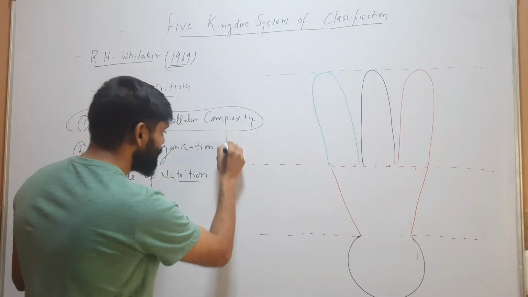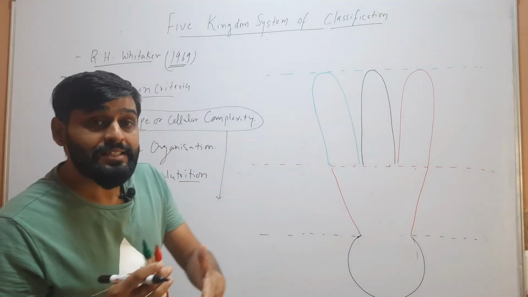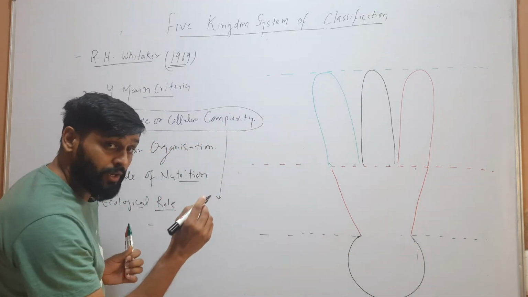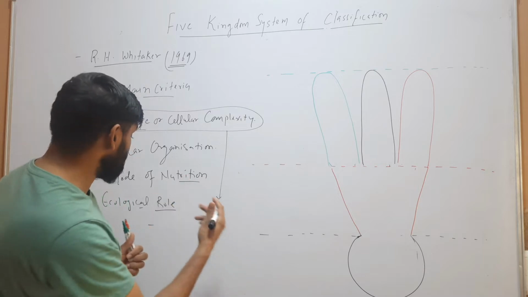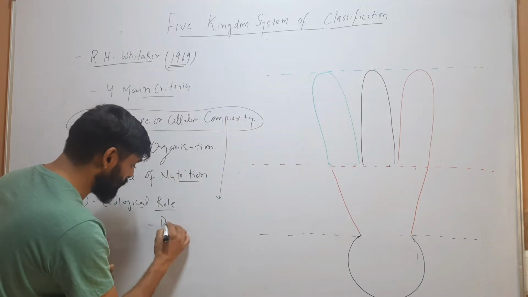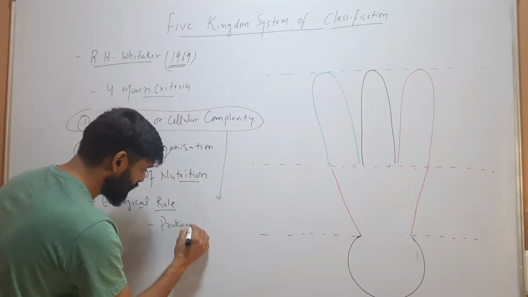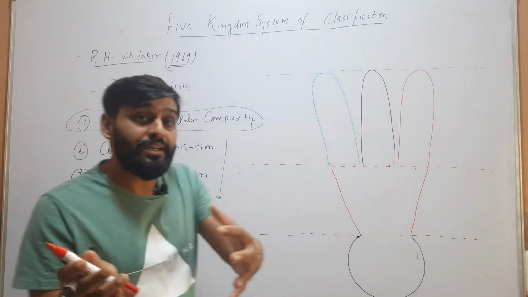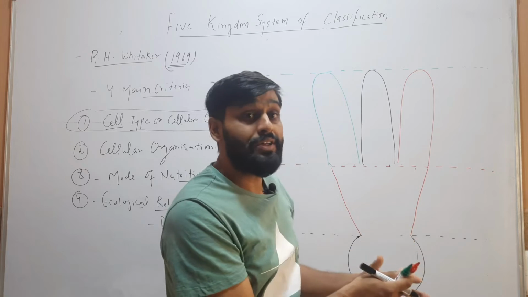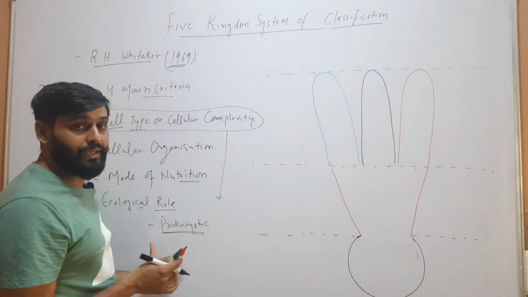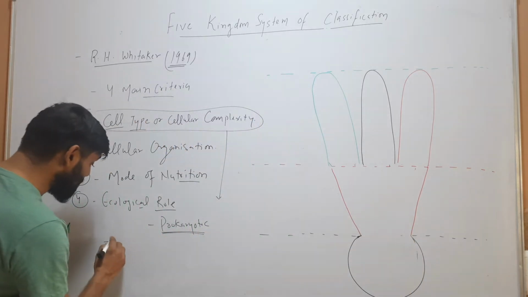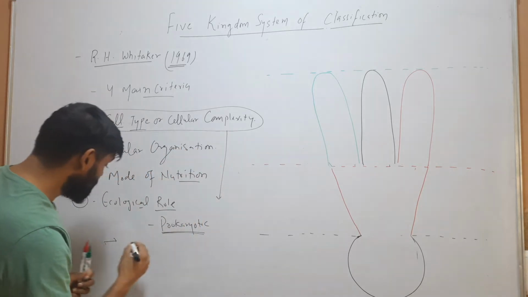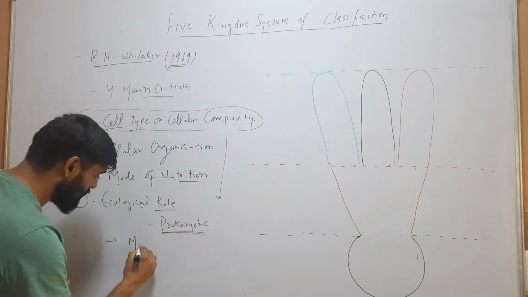So he first separated all those organisms which do not have a true nucleus, or you can say which are prokaryotic. He separated all those organisms which are prokaryotic in nature and kept them in a kingdom that is called monera.